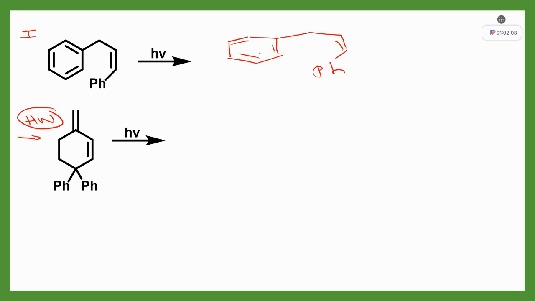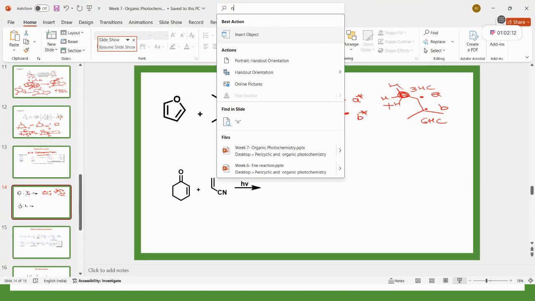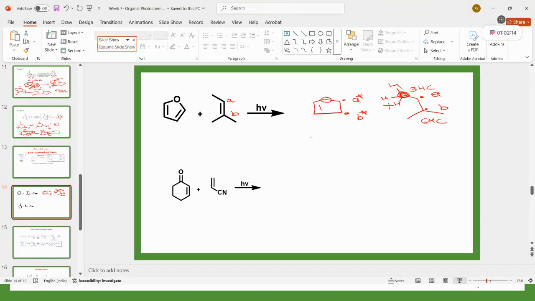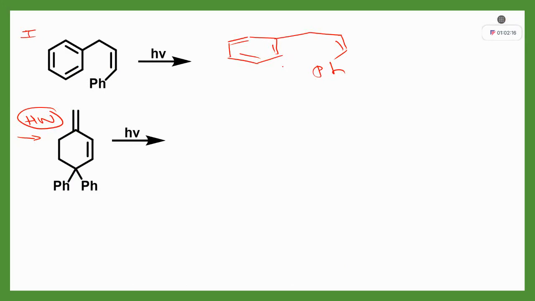So Prashant, tell me, you can try. No matter if you are wrong, you can just try. Tell me, among A and B positions, where will the first radical form?